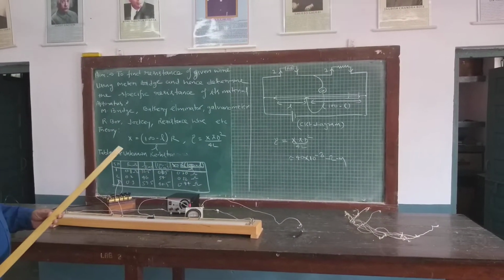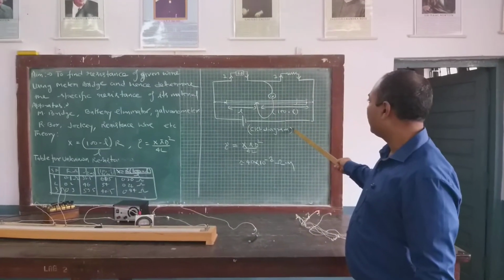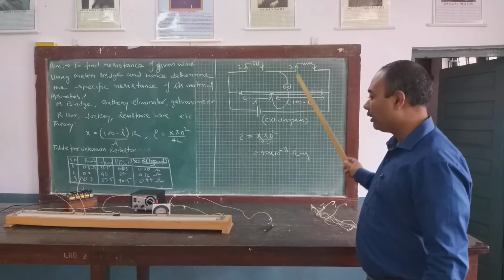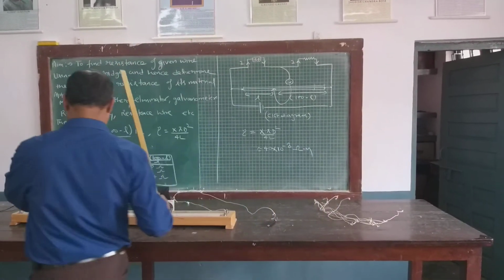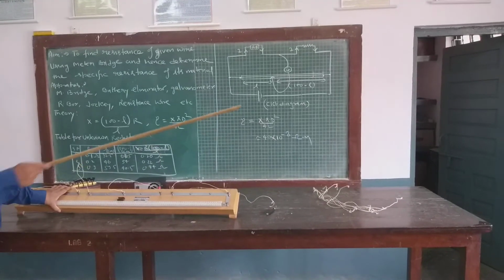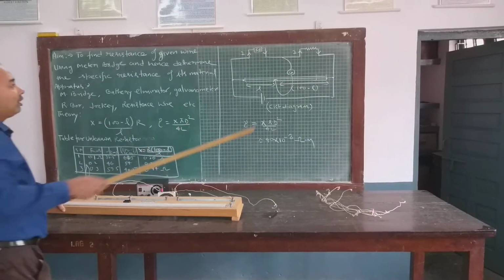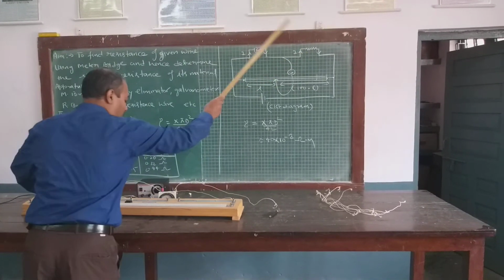Now, this is the circuit diagram of the meter bridge practical. In between the first two terminals, we will connect the resistance box. In the second terminal, we will connect the unknown wire.